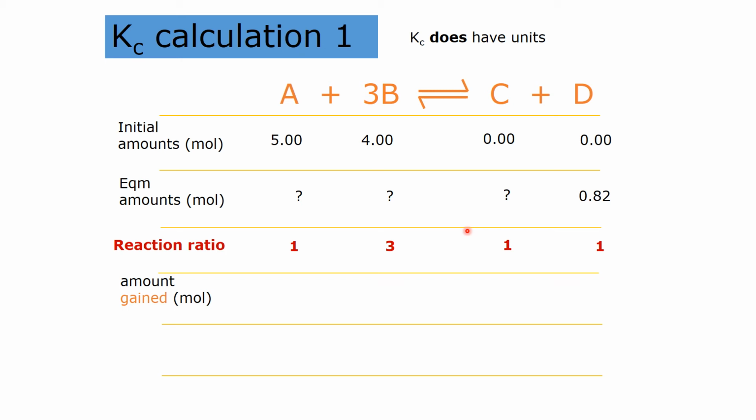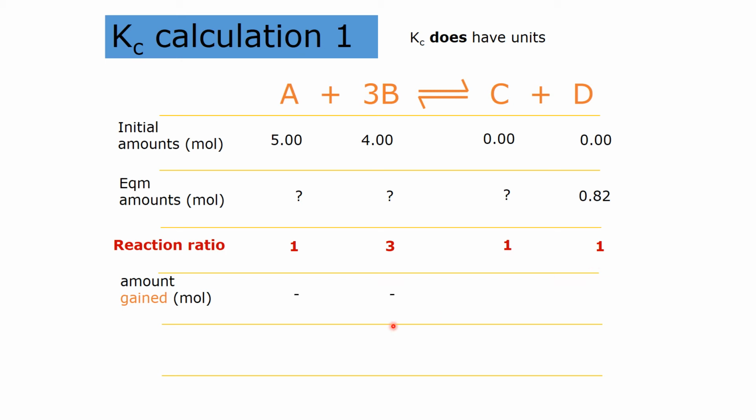So then you need to work out the amount which is being gained, right, in this particular reaction. Well, that's relatively straightforward. There won't be any gained of A and B. If anything, they will have been lost because they will have reacted together to form C and D. But what we do know is that at equilibrium, we've got 0.82 moles of D. If we've got 0.82 moles of D, that must mean that we have 0.82 moles of C, because they're on the right-hand side of this equation, right, and they're both in a 1-to-1 molar ratio, right?